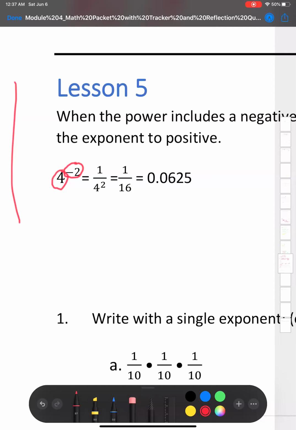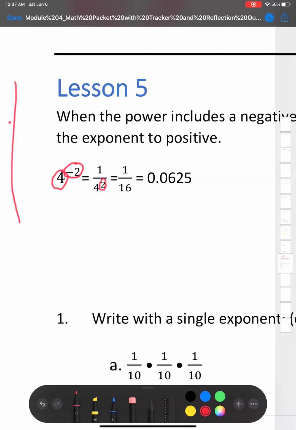You're going to do 1 divided by the base to that exponent, but you're going to make the exponent positive, right? So 4 to the negative second power is changed into 1 divided by 4 to the second power, positive, right?